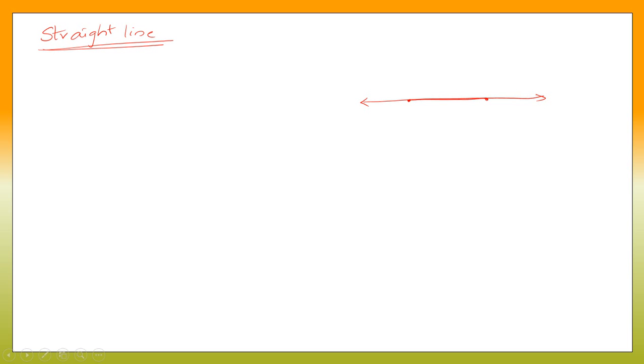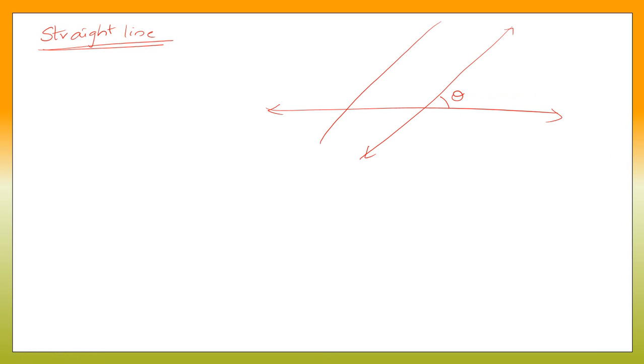So a straight line is nothing but a curve on which if you select any 2 points and if you join them by a line, all the points should lie on the given curve. Such a curve is called a straight line, right? Now in this, we need to understand some points. If you want to represent a straight line uniquely, suppose I am given an inclination theta, and you are asked to draw a line, you will draw a line like this, right?